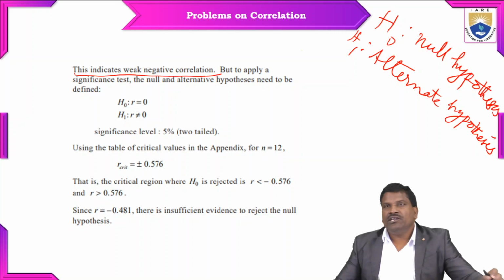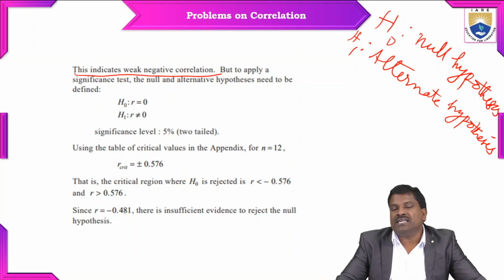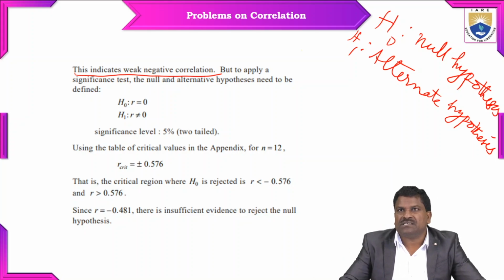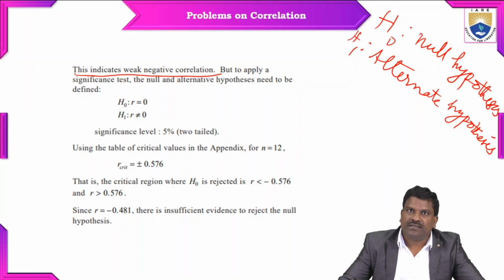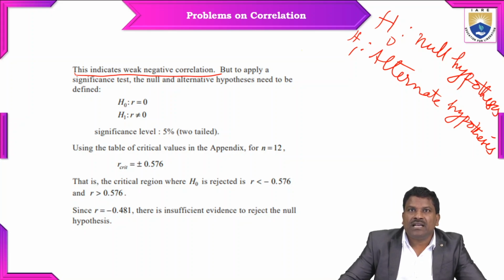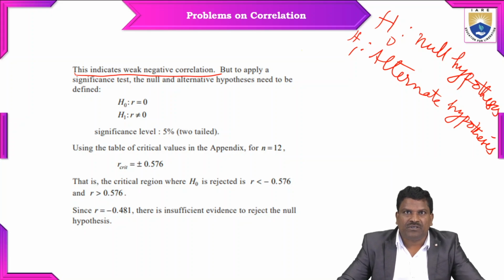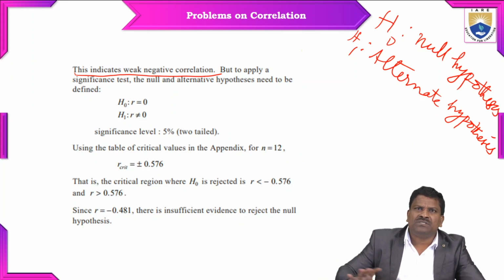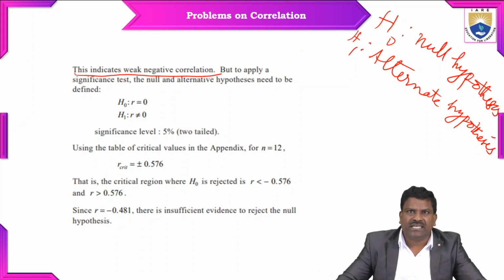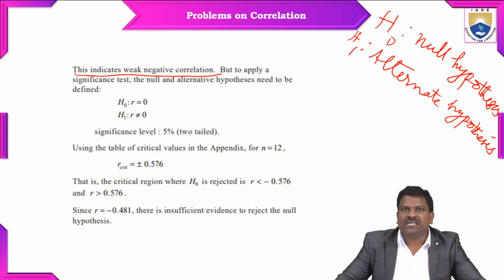So, if the z score value is less than 1.96, then we accept the null hypothesis. Otherwise, we have to reject the null hypothesis and we have to accept the alternate hypothesis. That is the procedure. Here, H naught is the null hypothesis, H1 is the alternate hypothesis. Here, in almost all the sums we take significance level as 5%. 5% means it is a two-tailed test, left-tailed test, right-tailed test.